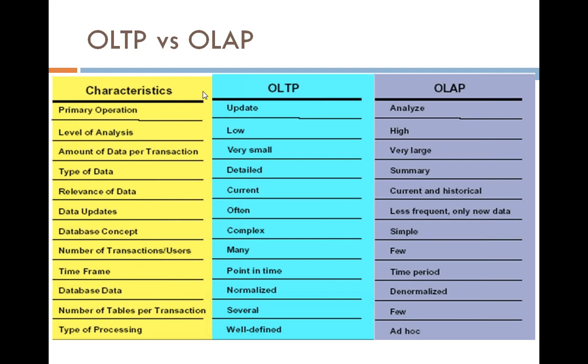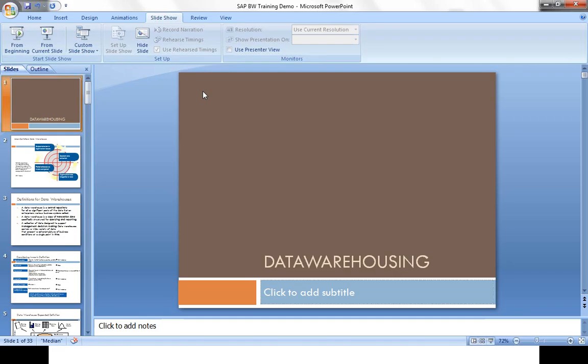For example, if you want to do some analysis, that is not possible. If you want to have some GUI kind of environment, that is not possible. And you are not getting consistent data all the time, because the tables in the backend are getting updated very frequently. For example, you want to see today's sales.